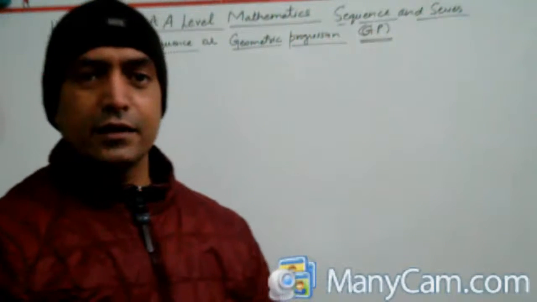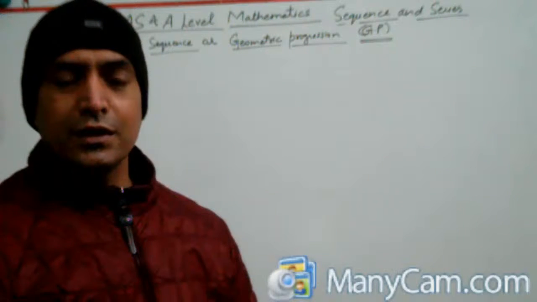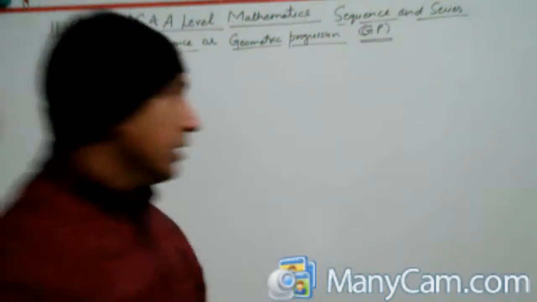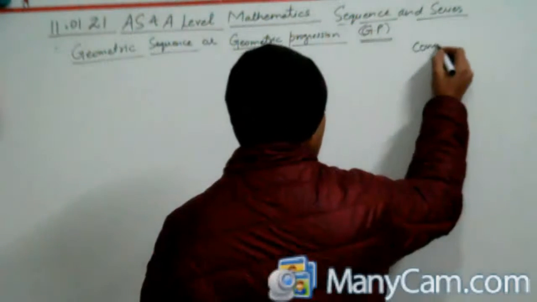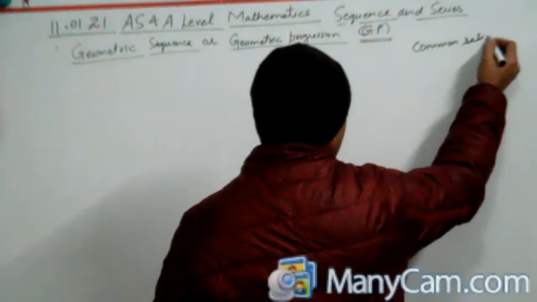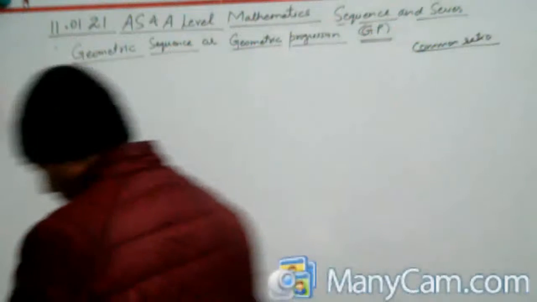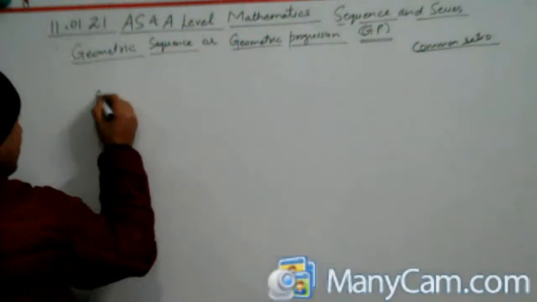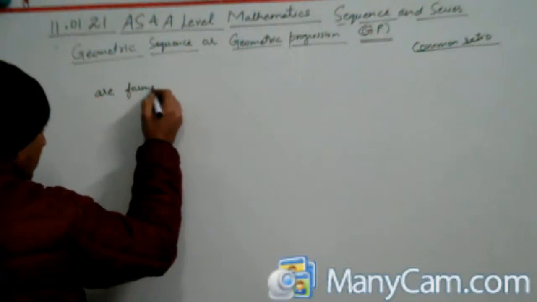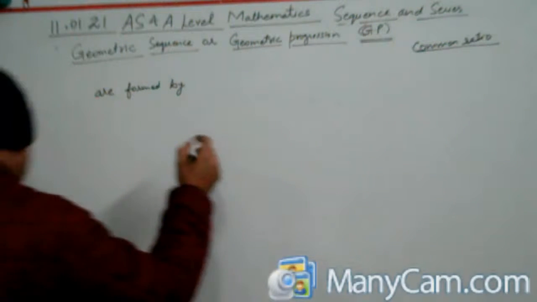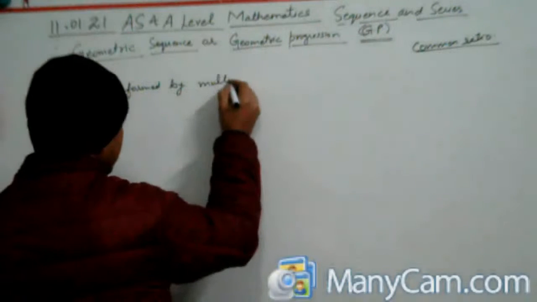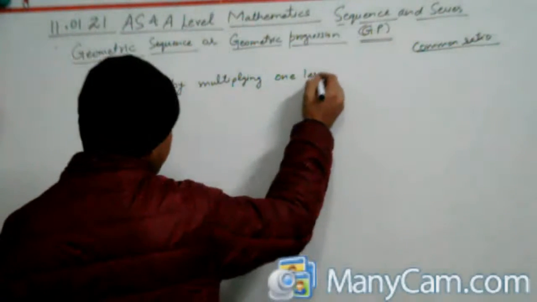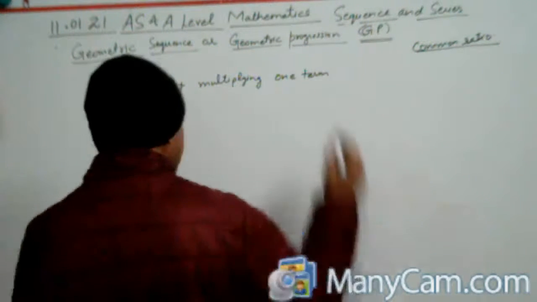Like in arithmetic progression we have the common difference, in geometric progression we have the common ratio. We have studied the common ratio. So what is a geometric progression? Geometric progressions are formed by multiplying one term by a fixed number.